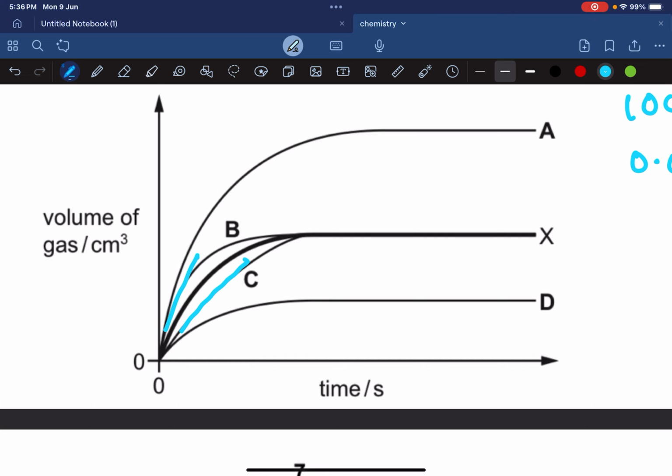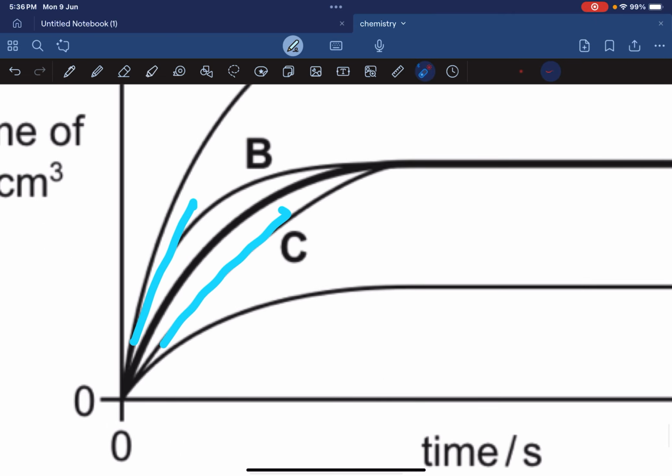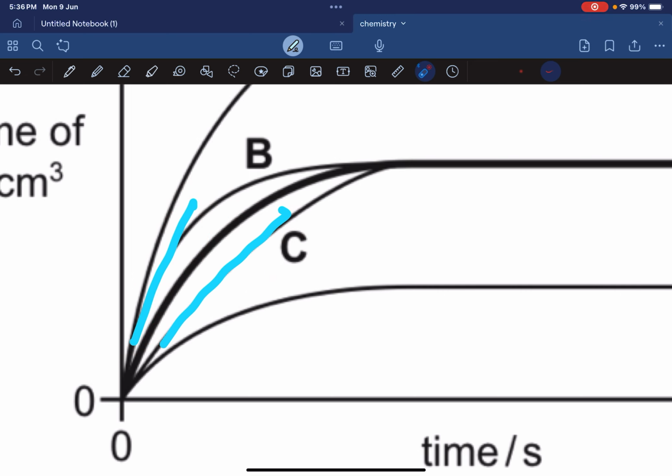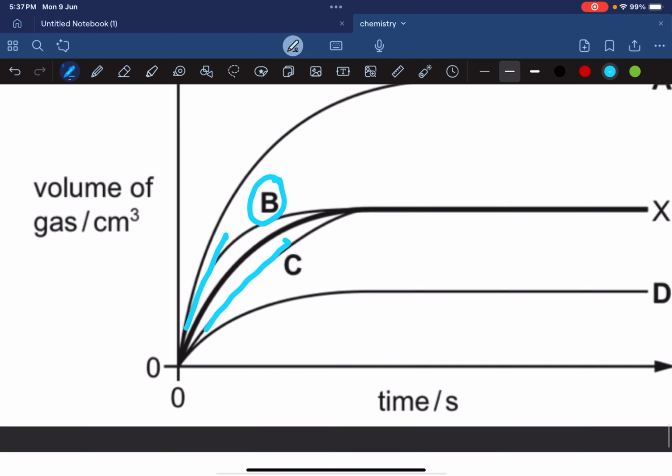Don't look at this line, just tell me about these two lines. The more flat the line is, the less its gradient. So this is a less steep gradient, and this is a more steep gradient because it is more upwards. So I need a steeper gradient because my reaction rate increased because I doubled the concentration. So option B is going to be correct.